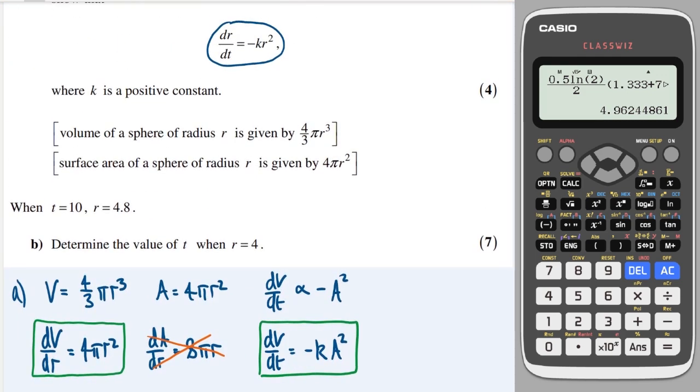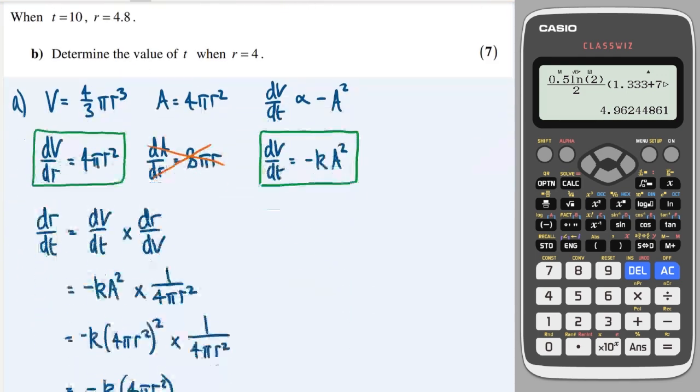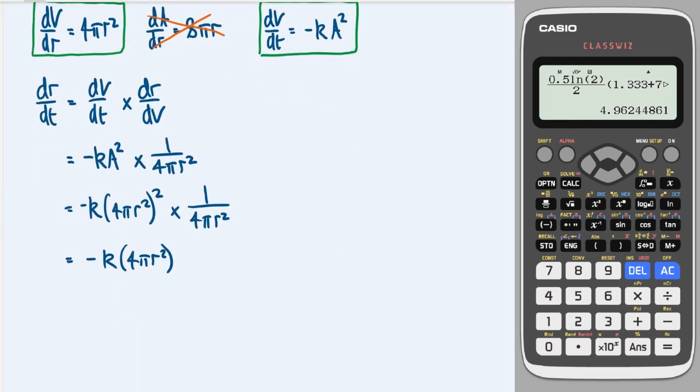And we need it to be minus k r squared. Well, that's fine, because I can just call this minus k r squared. Well, I don't particularly like doing that as such.